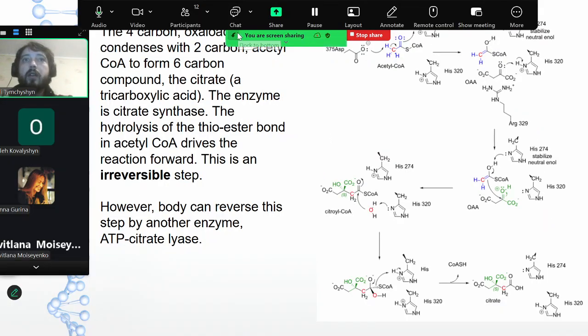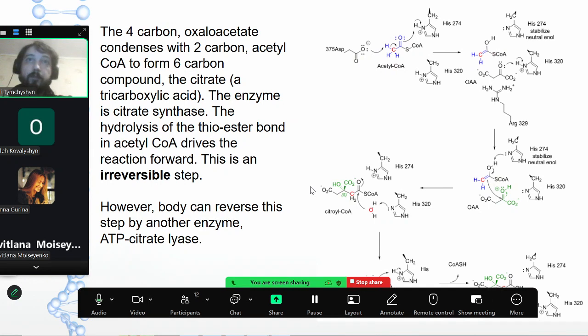So here is the mechanism. 4-carbon oxaloacetate condenses with 2-carbon acetyl-CoA to form a 6-carbon compound, the citrate. The hydrolysis of the thioester bond in acetyl-CoA drives the reaction forward. This is an irreversible step, so you use the energy of that bond to basically create a new chemical.